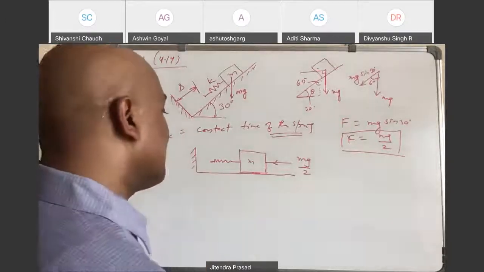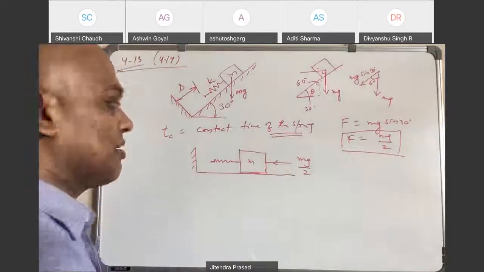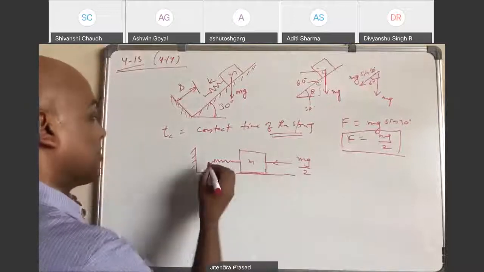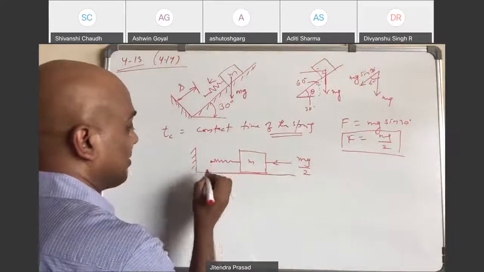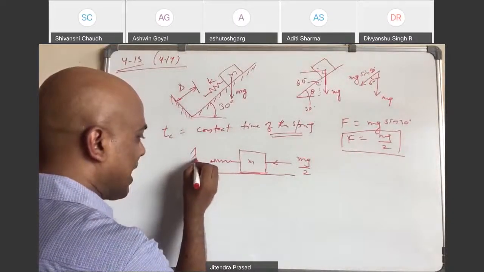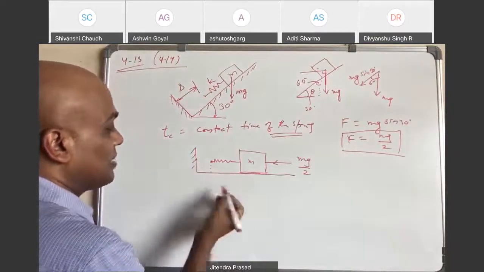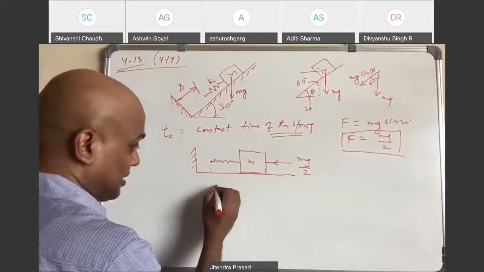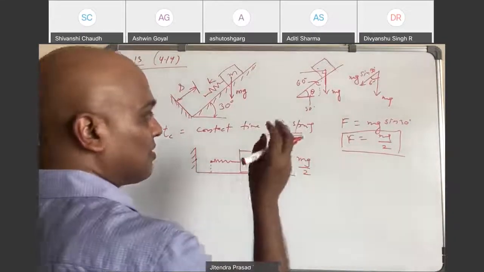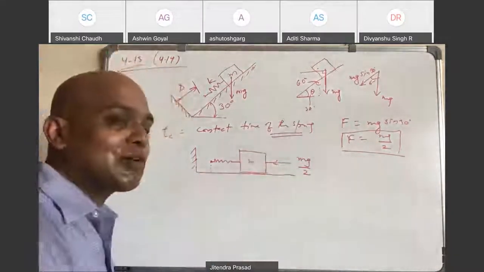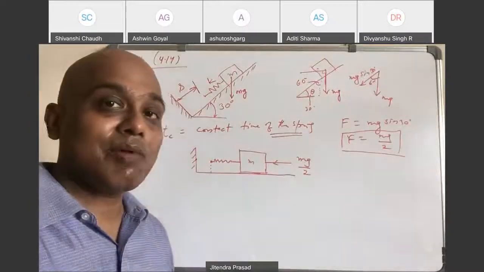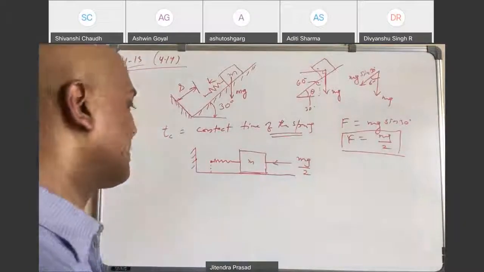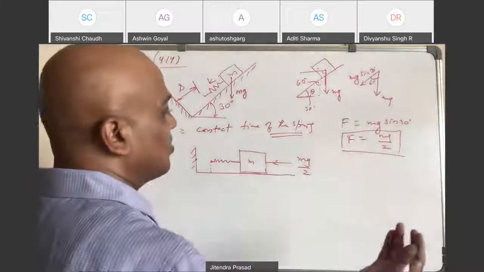Okay, so there are two parts here. The first part, you have to figure out when it goes and makes contact with it, what is the value of velocity. So in this case, we have to find out the initial velocity and the initial displacement.